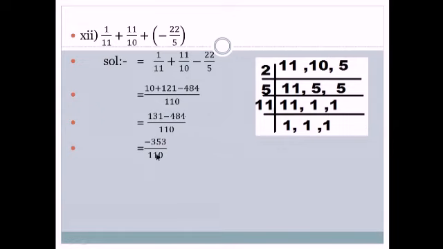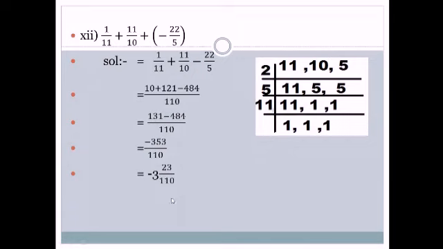So minus 353 over 110. This is the required number. Now you know that 353 is greater than 110, so you divide it and you get the answer in mixed fraction, minus 3 whole 23 over 110.